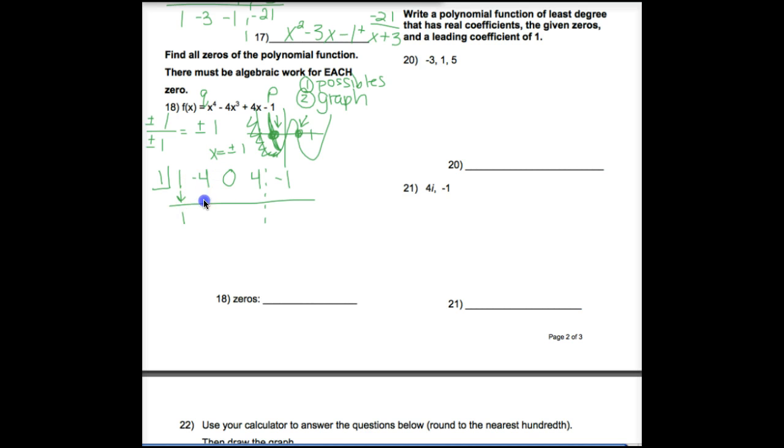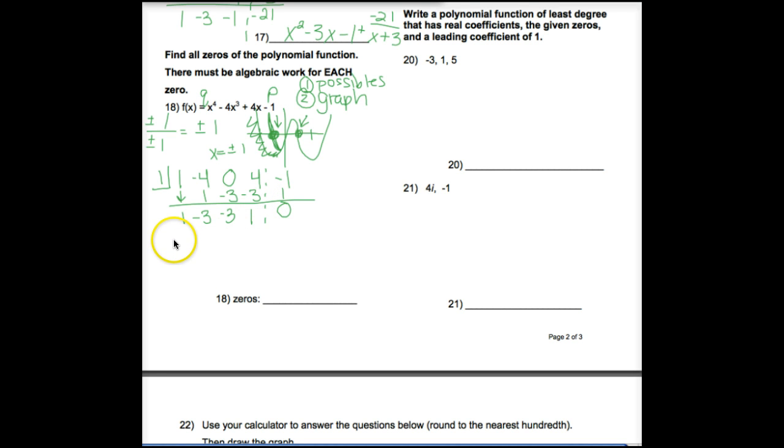Box times bottom is 1. Add the column to get negative 3. Box times bottom is negative 3. Add the column to get negative 3 again. Box times bottom is negative 3. Add the column to get 1. Box times bottom is 1. Add the column to get 0.